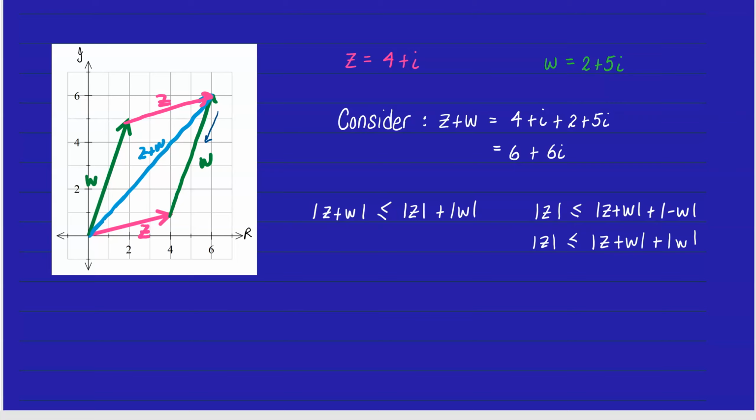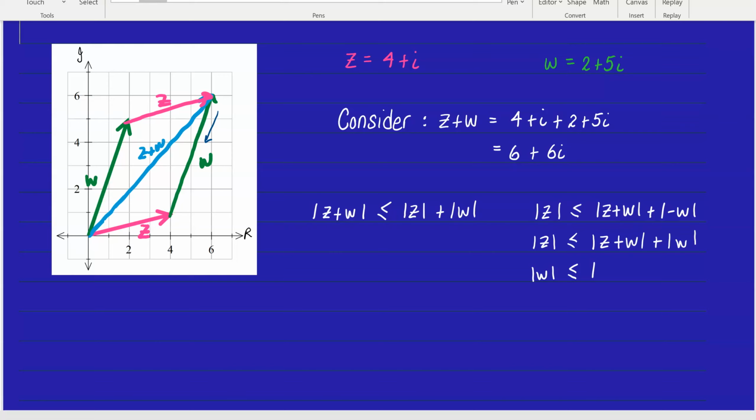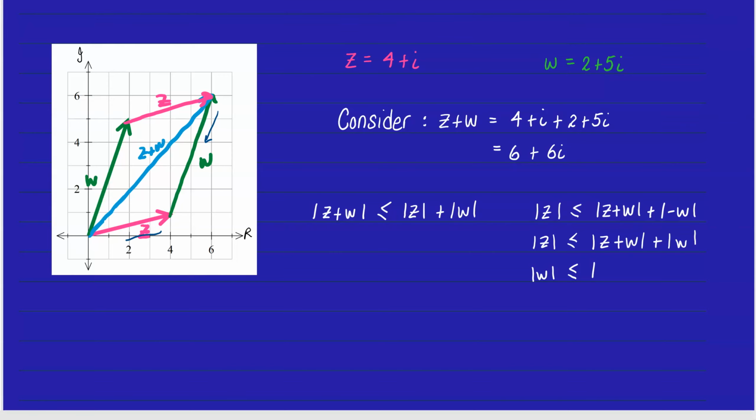Similarly, you could do the same thing for w. You could say that the modulus of w is going to be less than or equal to, so this would now be minus z because we're going the other way here. So remember, tip to tail, so we'll be going that way and then that way.